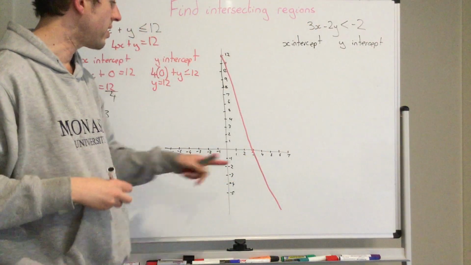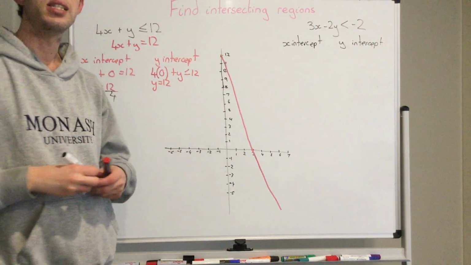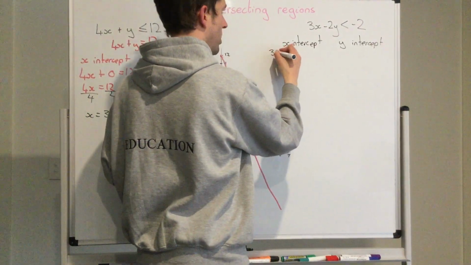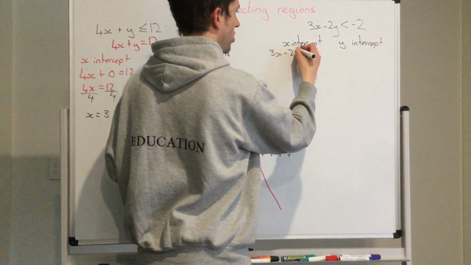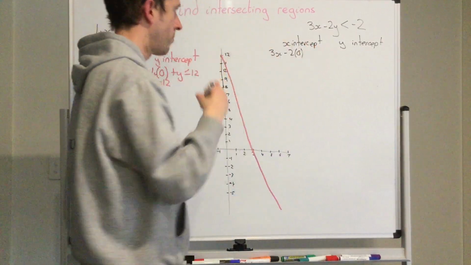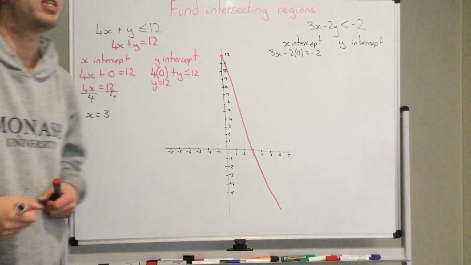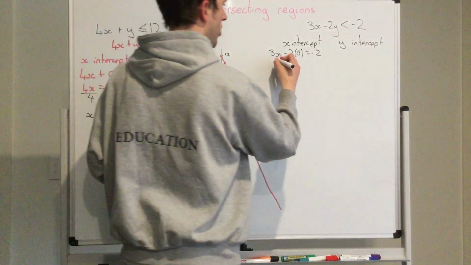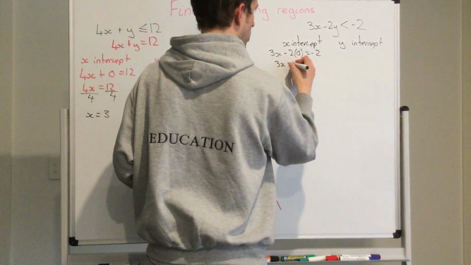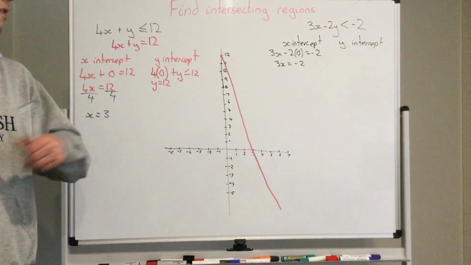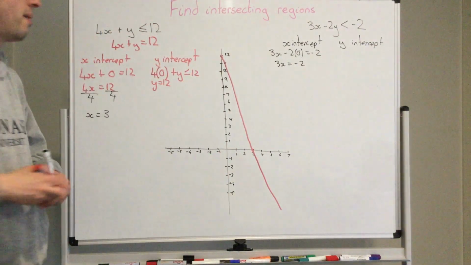To find my x-intercept, y must be 0. So I'll just rewrite it: 3x take 2 times 0 is equal to -2. Well, 2 times 0 is just 0, so it becomes 3x equals -2. I would like x by itself. What's the opposite of times by 3?